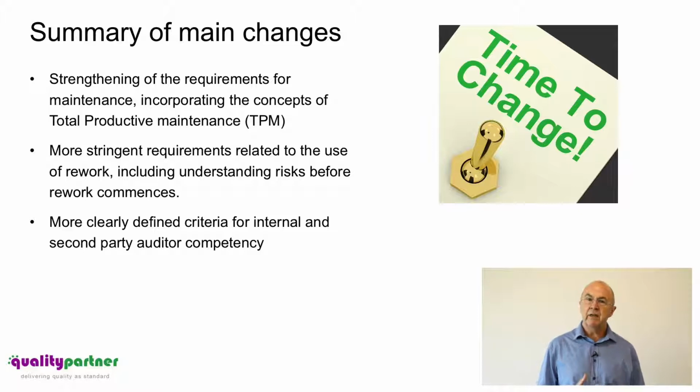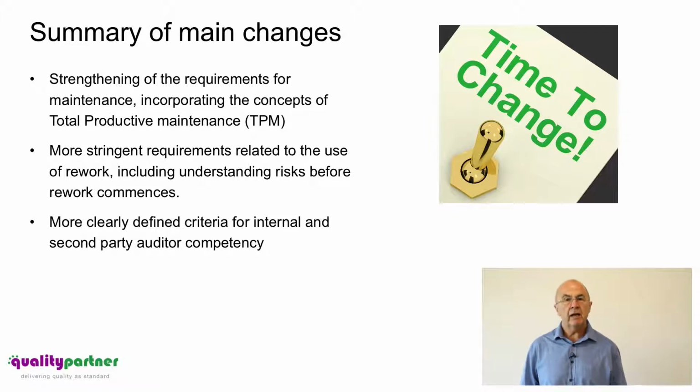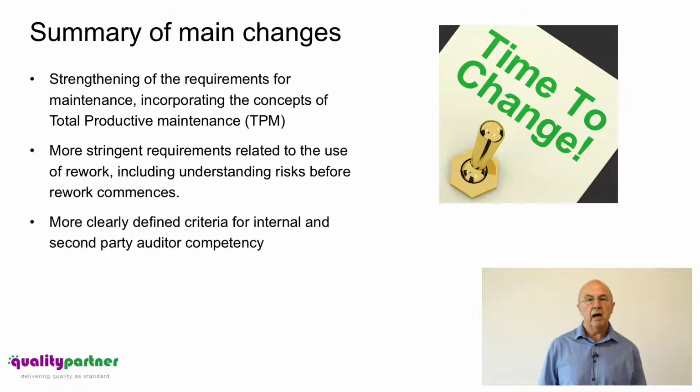Now what we see in the new IATF 16949 is much clearer requirements for internal auditor competency and a completely new section about the competency of auditors that are capable of going out and doing second-party audits. This doesn't mean that you have to start from a clean sheet of paper. It means that you can build on the experience of the people currently involved in internal and second-party audits.